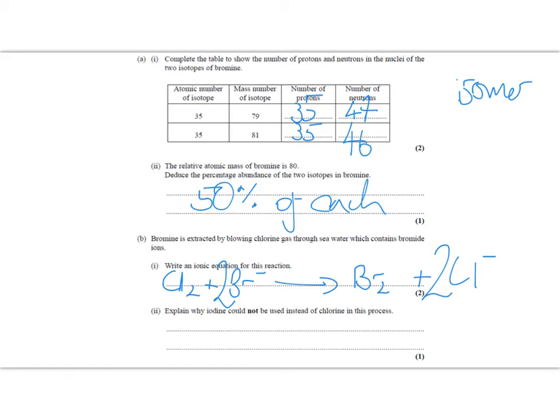Now, iodine couldn't be used instead of chlorine in this process because iodine is less reactive than bromine. Therefore, iodine is not able to displace bromide from a solution.